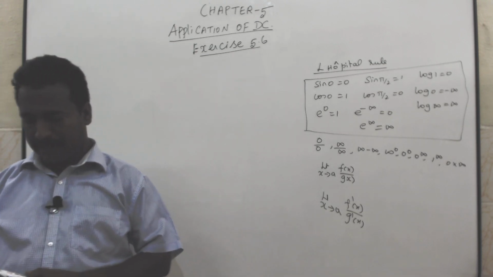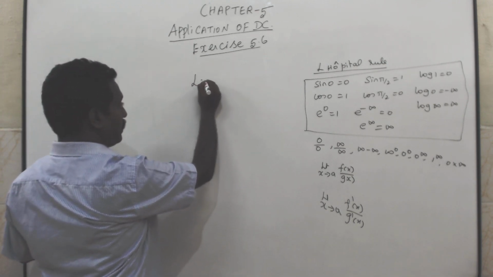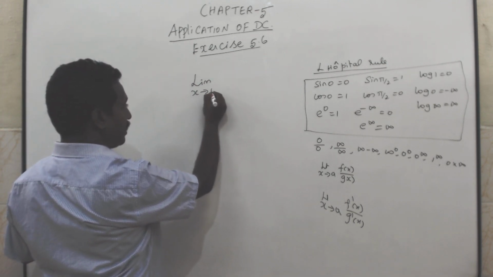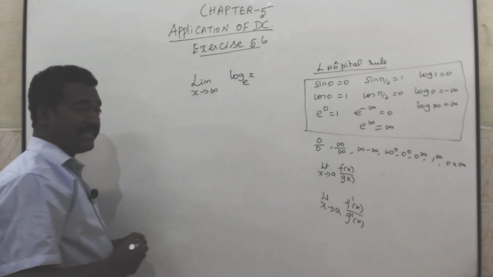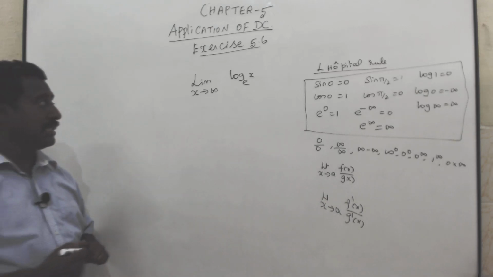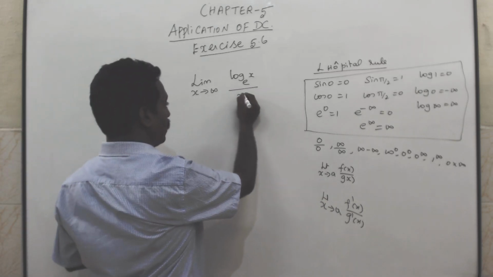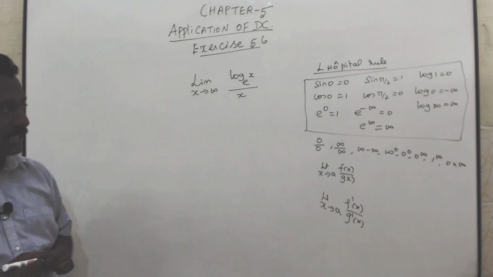Problem number 7. Limit x tends to infinity, log x base e divided by x. Don't read it as log e power x. What is the first step? Step number 1, substitute the limits.